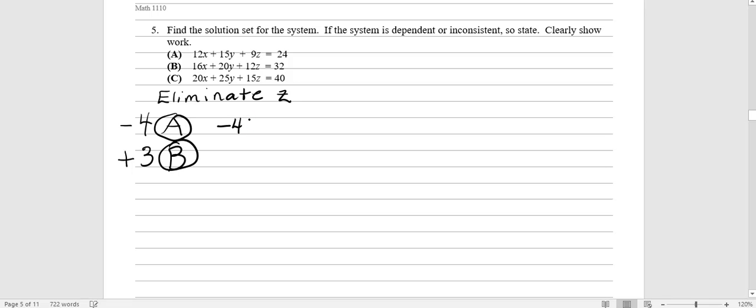So every term in A gets multiplied by -4, and then every term in equation B gets multiplied by +3.